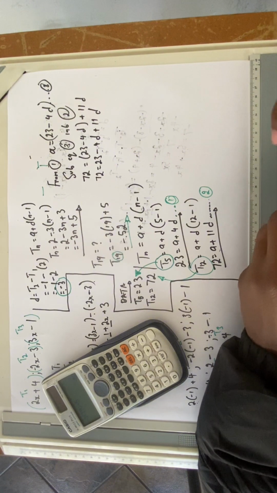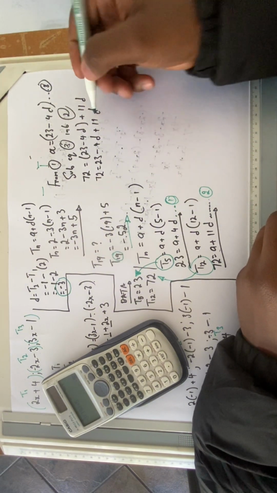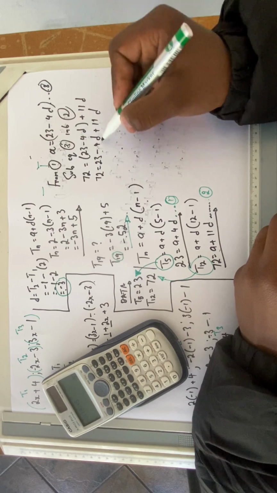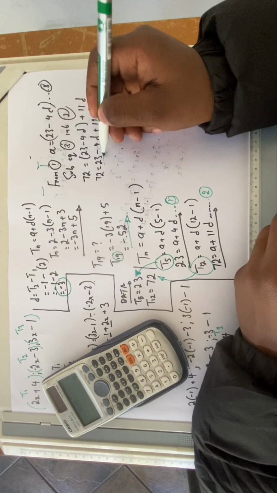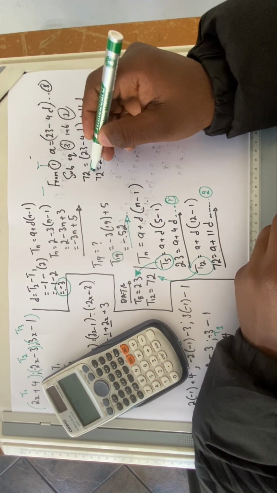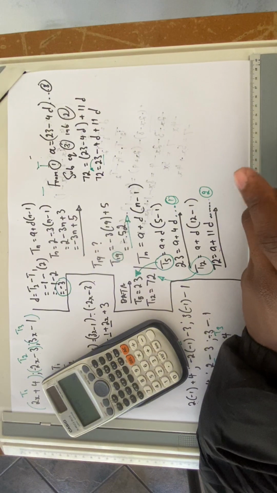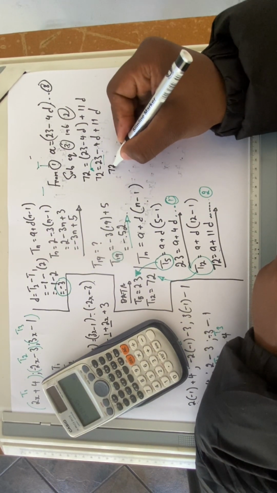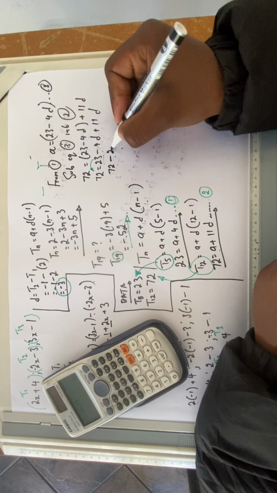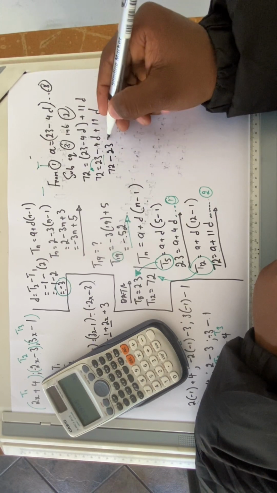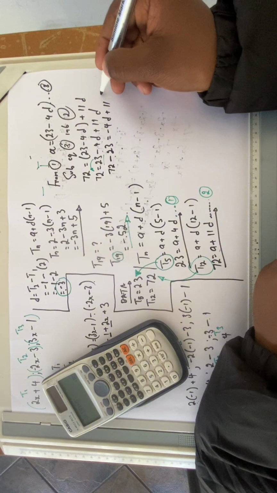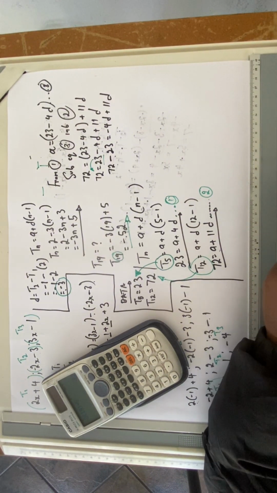Then like terms to like terms. 11 is positive, the bigger number is positive, so D is fine on this side. I need to move the other one to the other side. So I end up with 72 subtract 23 is equal to 4D plus 11D.